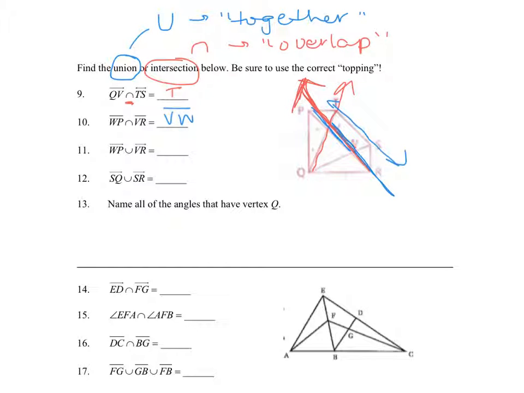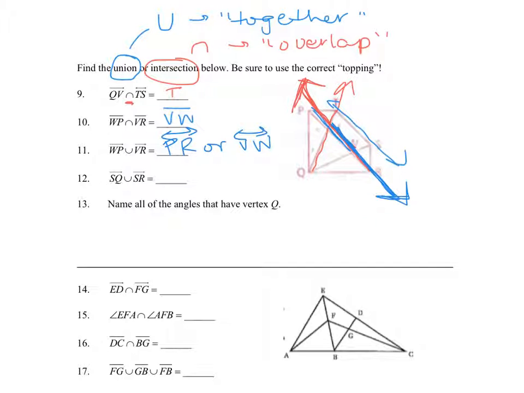So VR is here. And again, we're looking at a union. So that's together. What do they make together? Not where they overlap. What do they make together? Well, they make line PR. Or we could also call it line VW. There's a couple of different names that we could call that line.